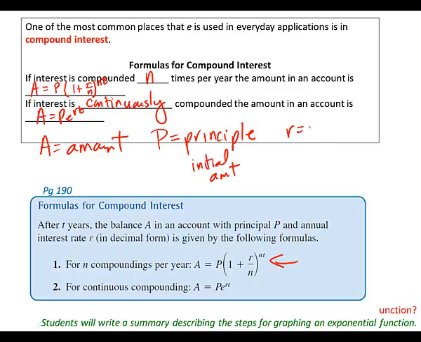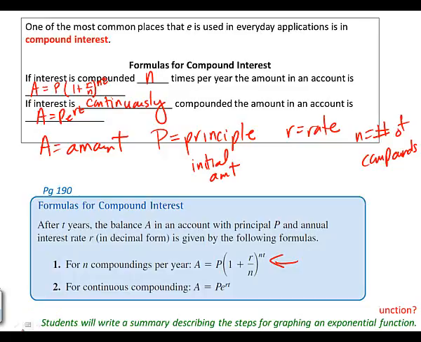What do you think r stands for? It's the rate, yep. And n is the number of compounds. Back in the day when I went to school, that meant number. We didn't have cell phones. Okay. We good? Everybody's got those written down?